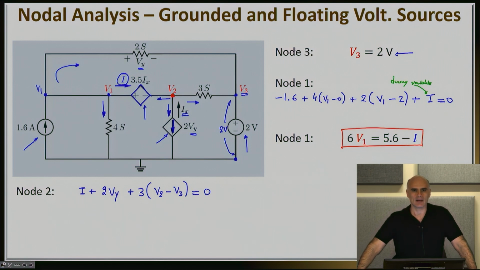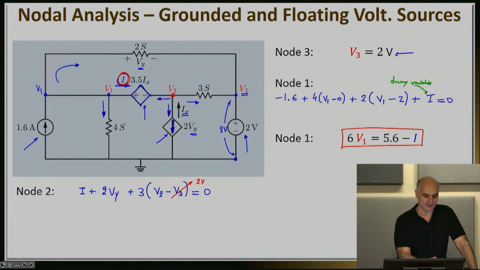Now, I have a couple of things that I need to pay attention to here. First of all, V3 is a known voltage, it is 2 volts. Second, I need to be really careful with the direction of I. So if you look at the circuit, I called my dummy variable I to basically go to the right. So this current I is actually flowing into the node V2.